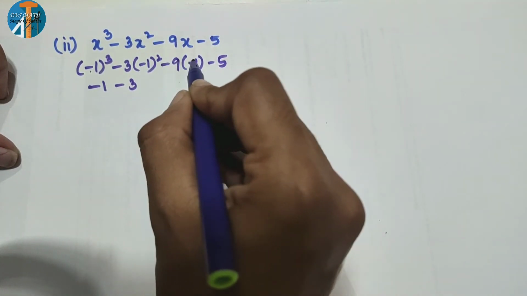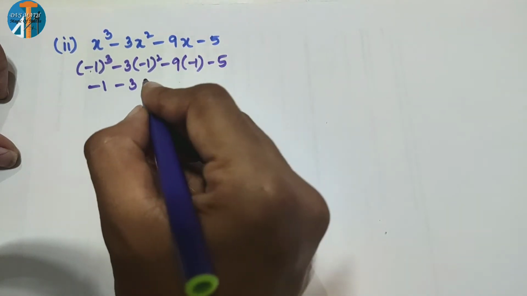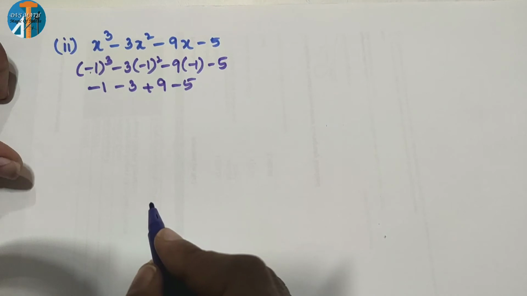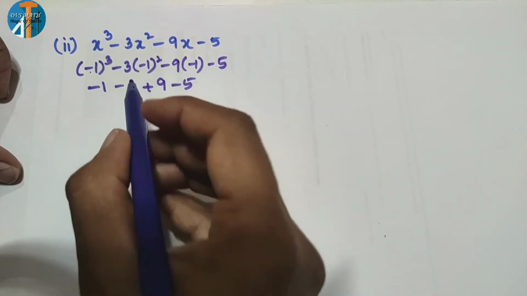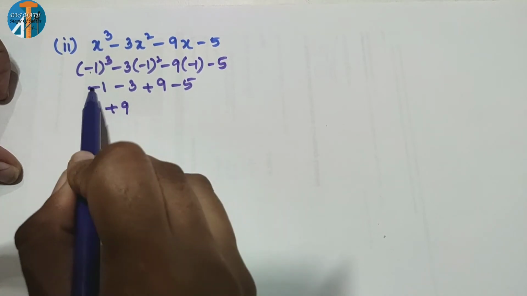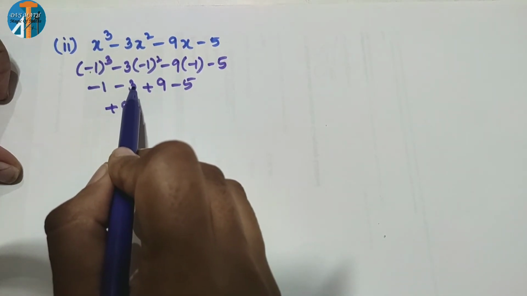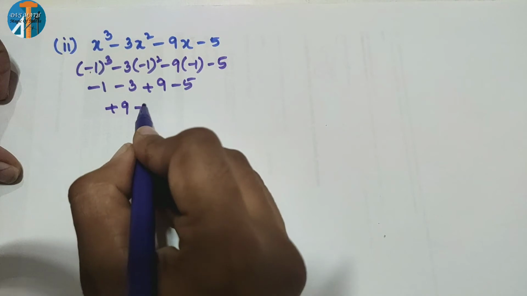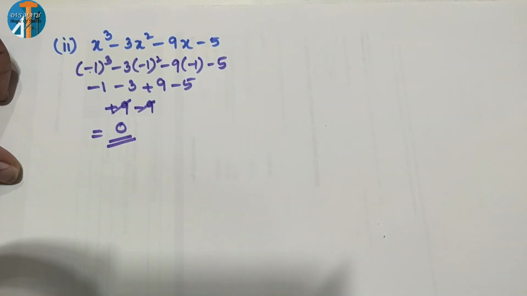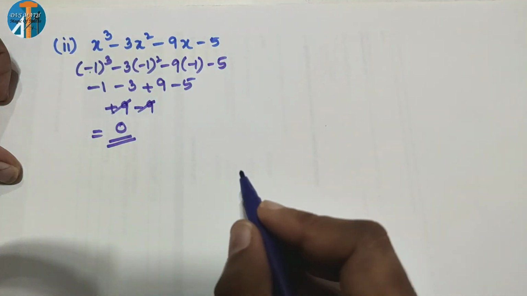Here you can observe minus into minus plus, so 9 ones are 9, so plus 9 minus 5 as it is. Keep plus 9 as it is, all the others are minus, you add them: minus 1, minus 3 is minus 4, minus 4, minus 5 is minus 9, so plus 9 minus 9 cancel. Finally, the whole polynomial became 0.